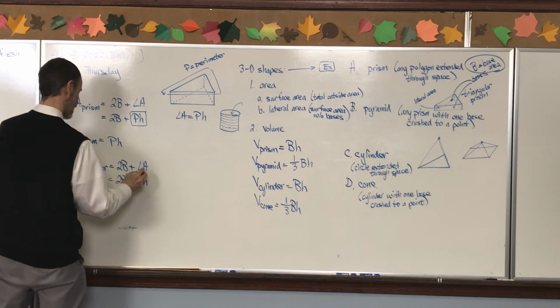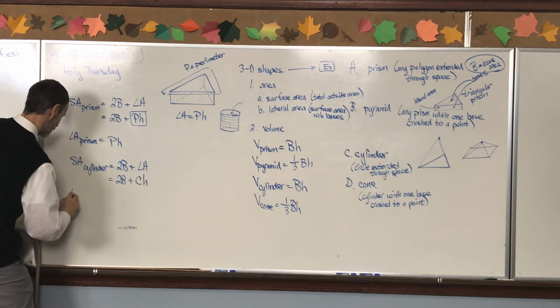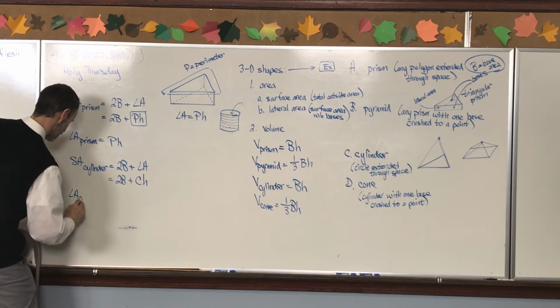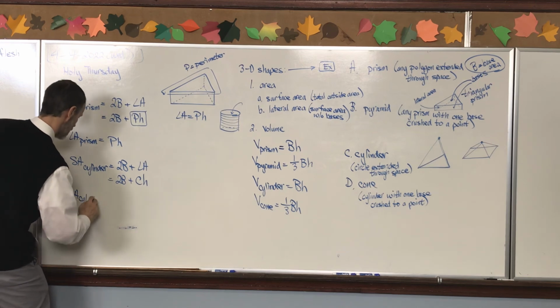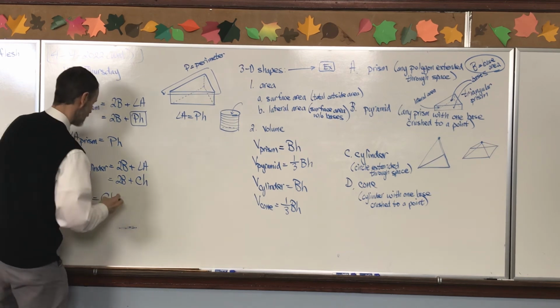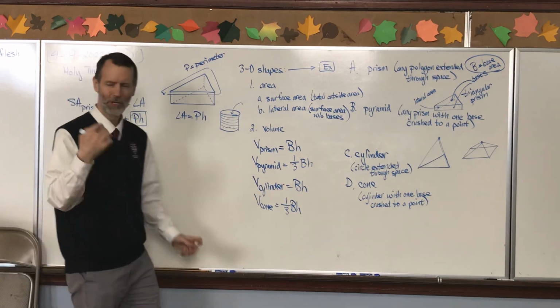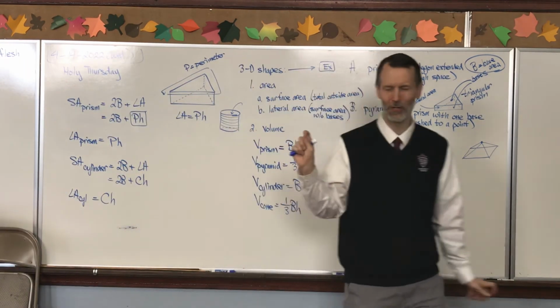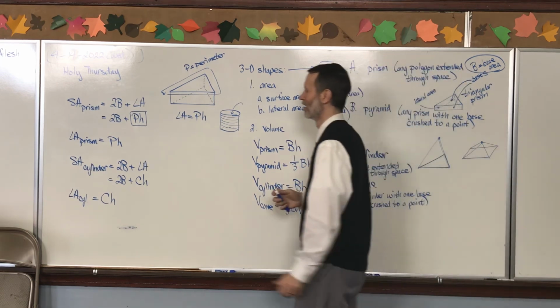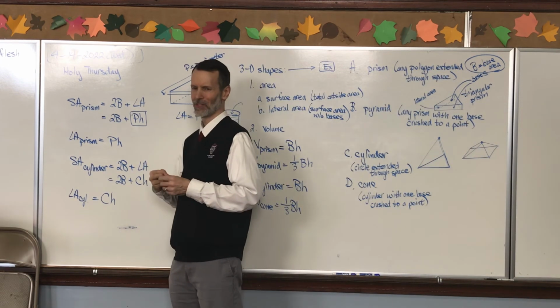Make sense? So the lateral area of a cylinder is circumference times height. That's the one we use in our shell formula. We give it thickness in order to have some volume. But that's where it comes from. Questions?